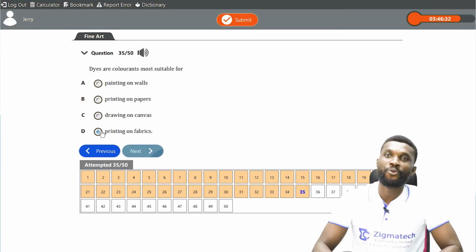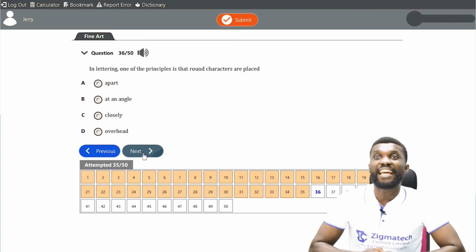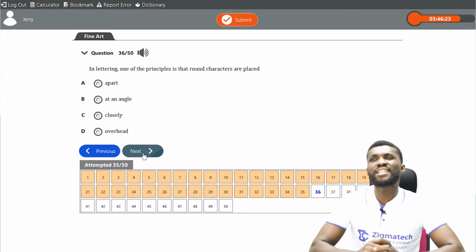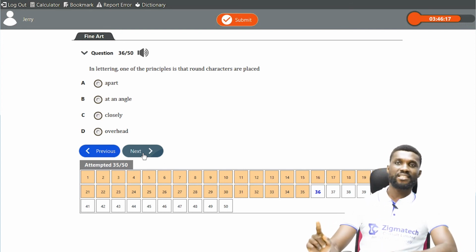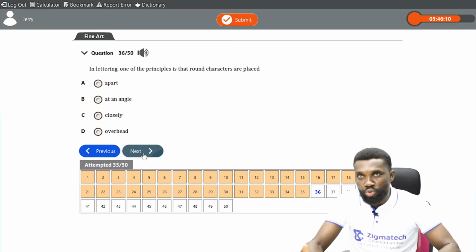All right. So, having said this, we'll go over to question number 36. In lettering, one of the principles is that round characters are to be placed apart. You don't place round characters apart. You don't place them apart. What do you do?